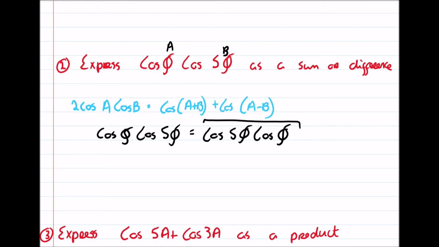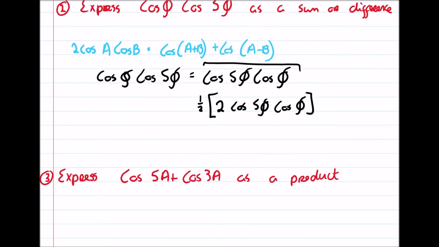Right. Now, we don't have the 2, so I'm going to have to redo this. I'm going to have to say a half of 2 cos 5 theta cos theta. The reason I put the half there is to allow me to put the 2 there without actually changing the sum. Okay. So now I can keep the half here, and I can use this formula, this one here.